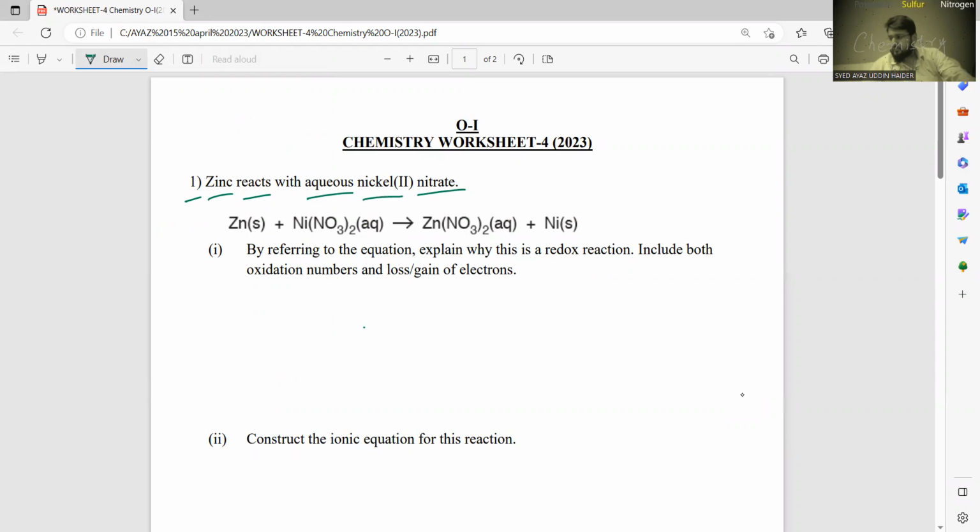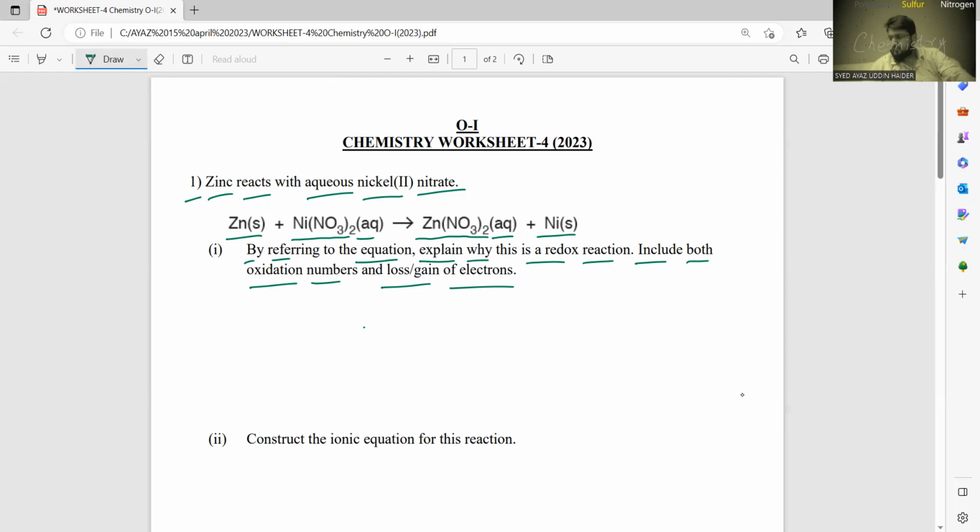This is the reaction equation: Zn(s) plus Ni(NO3)2 aqueous gives Zn(NO3)2 aqueous plus Ni(s). Number 1, by referring to the equation, explain why this is a redox reaction. Include both oxidation numbers and loss and gain of electrons in your answer.